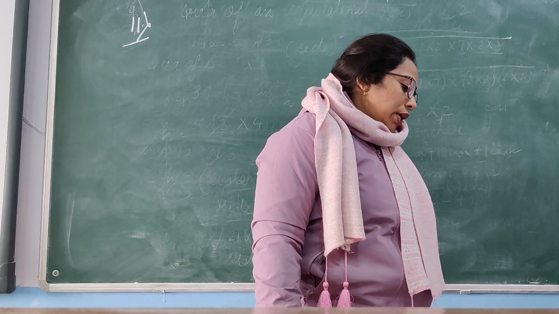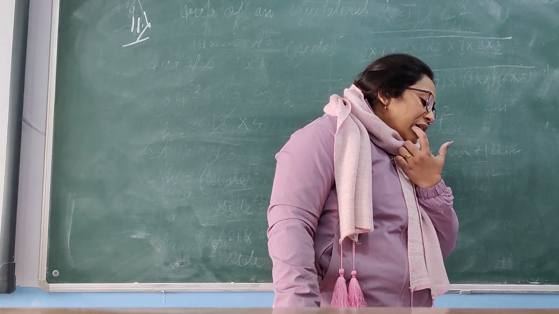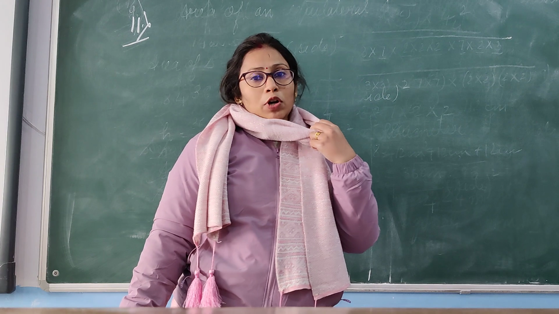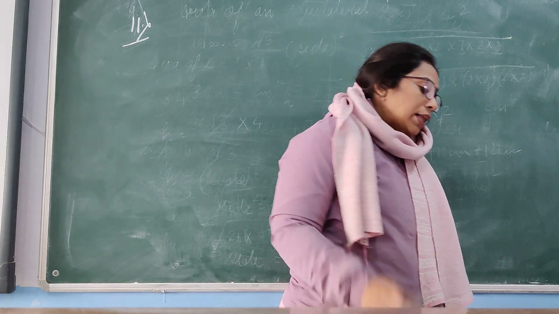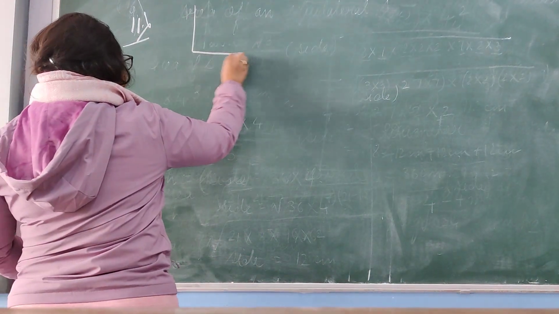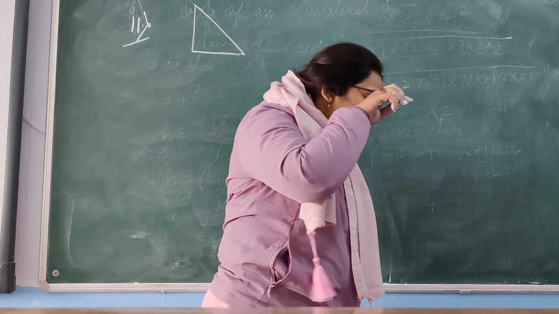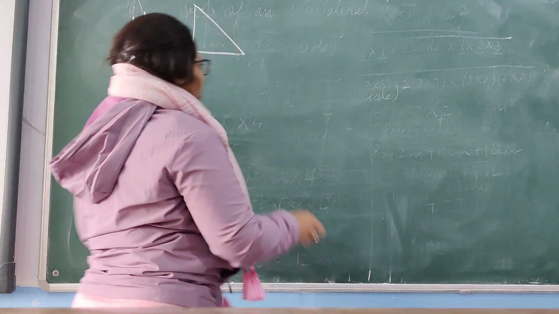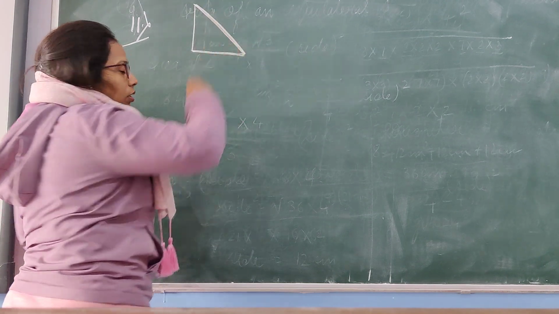perimeter of the triangle is 48 centimeter. Find its area. Now here children, the perimeter of the triangle is given as 48 centimeter and the ratio between the hypotenuse and the base is given. Okay, so let's see if this is a right angle triangle and the ratio between the base and the hypotenuse is given as 4:5. That means the ratio between the base and the hypotenuse, this is given.